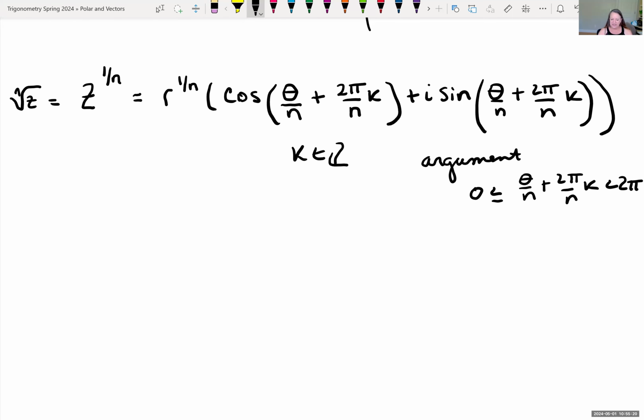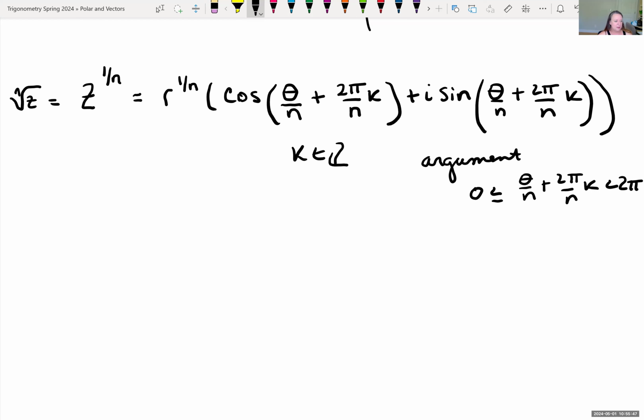So when you start plugging in values and we get outside of that range of 0 to 2 pi, then we're not going to look at those as our answers. We did that before, back when we were solving trigonometric equations and our argument wasn't just theta. There was maybe n times theta, and we were trying to find all solutions between 0 and 2 pi. We had to worry about that and did something very similar.